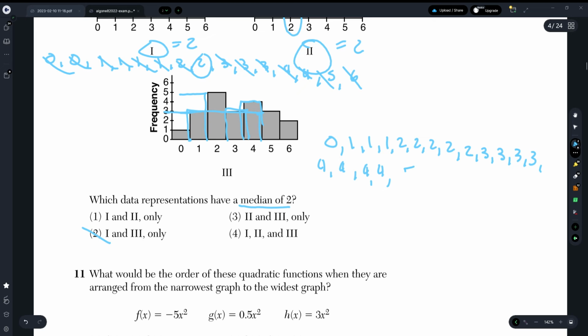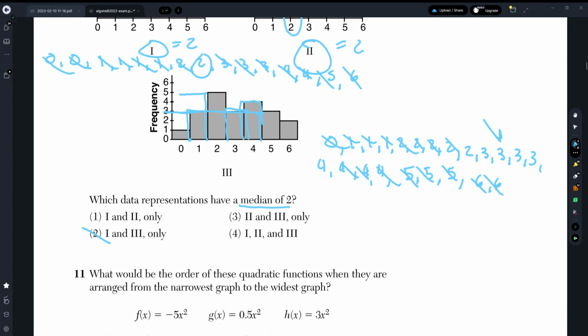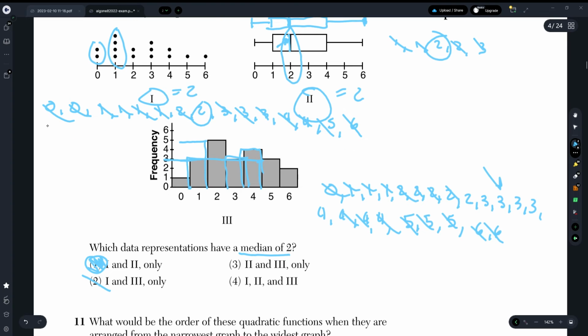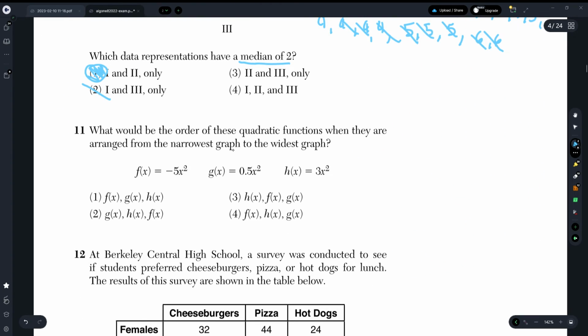Right here, we're going to have 3 5s, and then 2 6s, right? So immediately, like halfway through, I can tell that our median is probably going to be 3 because we've already crossed out our 2s. So that leaves us answer choice 1 because this median won't be 2. Also, when you're calculating this, this is the frequency. This represents the amount of ones in the set, right? Don't forget that.